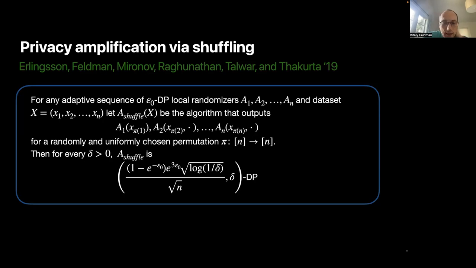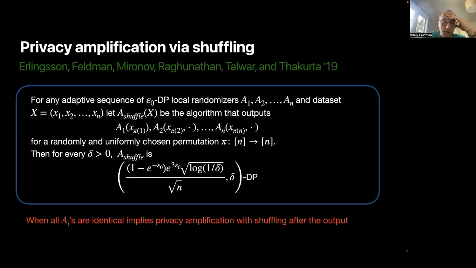Maybe I should mention two things about this result. First, it may be a little bit confusing because here I'm shuffling the data and applying the randomizers to the data, whereas in the motivation we were actually first applying the randomizers and then shuffling the reports.